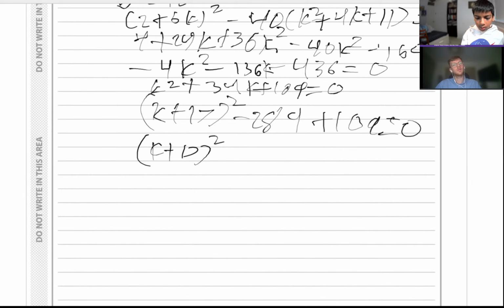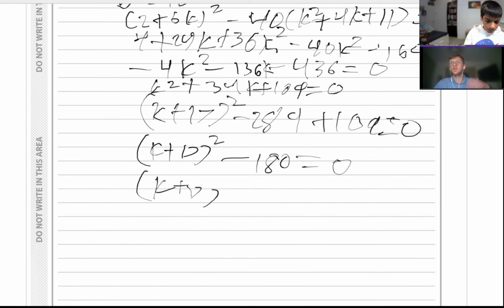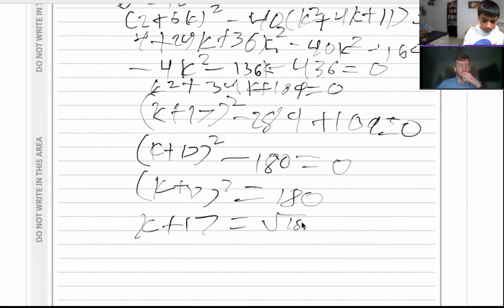So that gives minus 180 equals 0. k plus 17 squared equals 180. k plus 17 equals the square root of 180, and that is the same as 6 root 5 because it's 36 times 5.